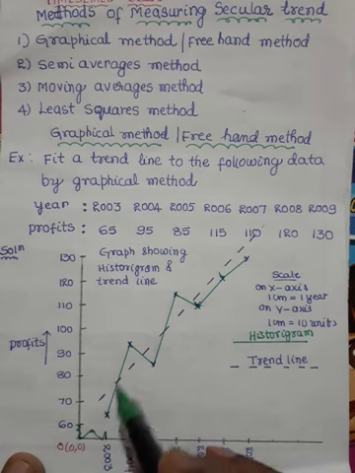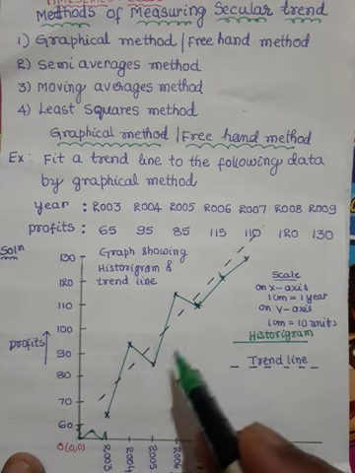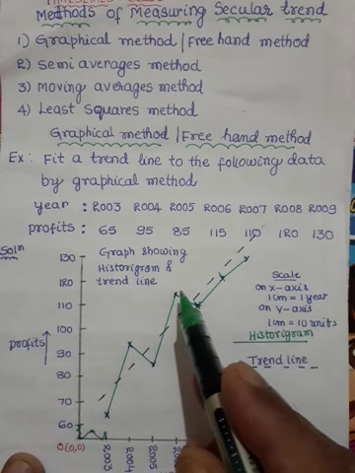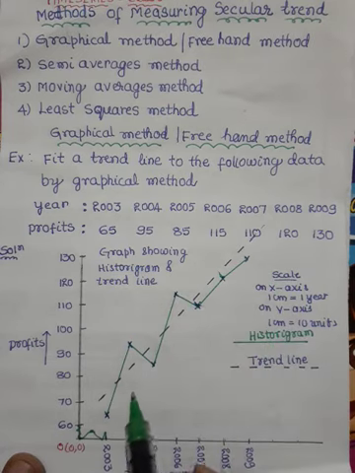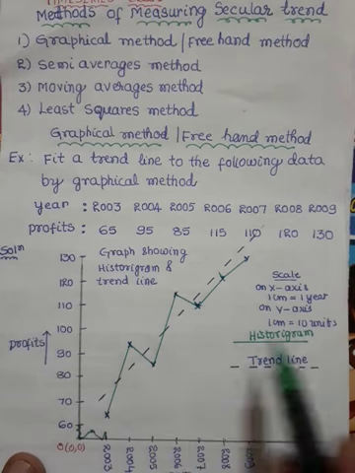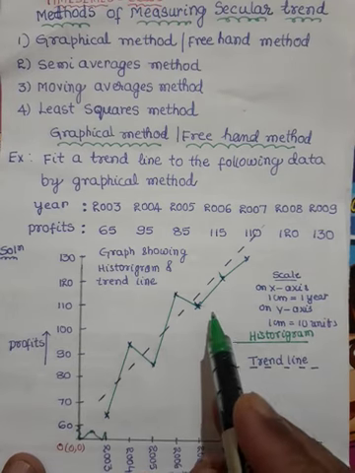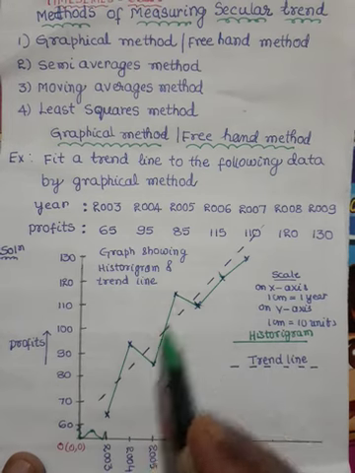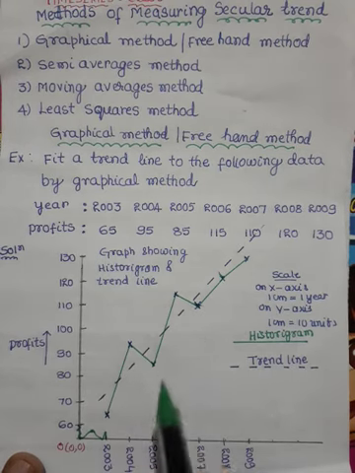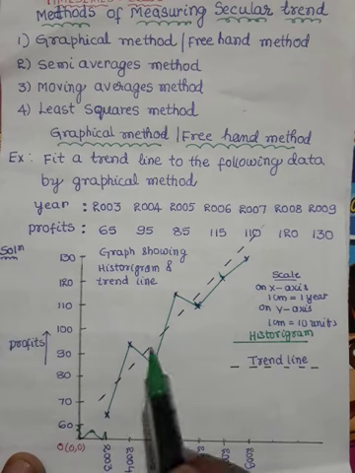I have joined successive points by straight lines. By joining, we get a graph which is called a histogram. You see this is of a zigzag shape, with very sharp ups and sharp downs, sudden ups and sudden downs.